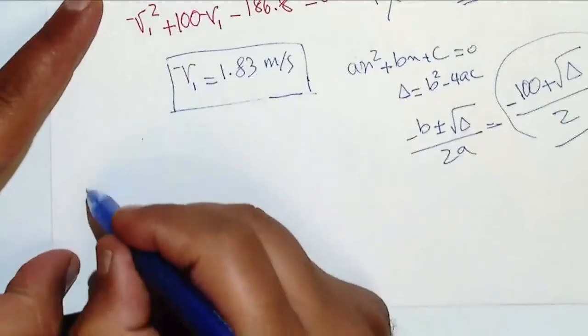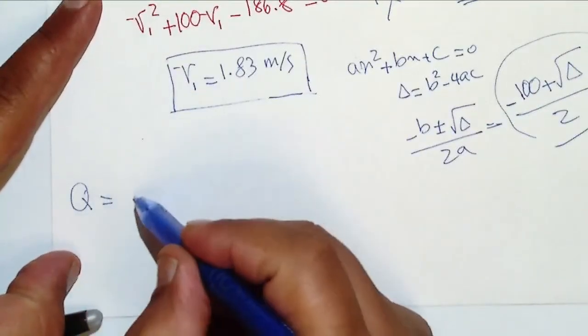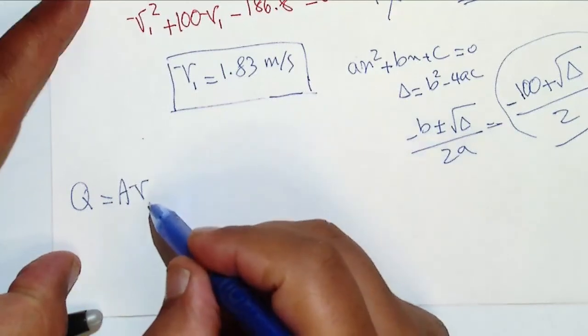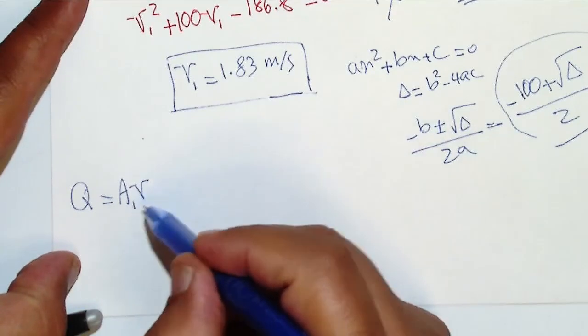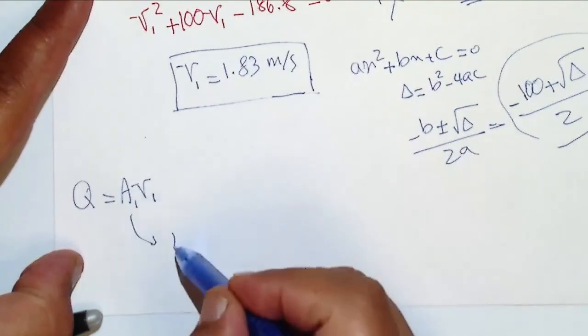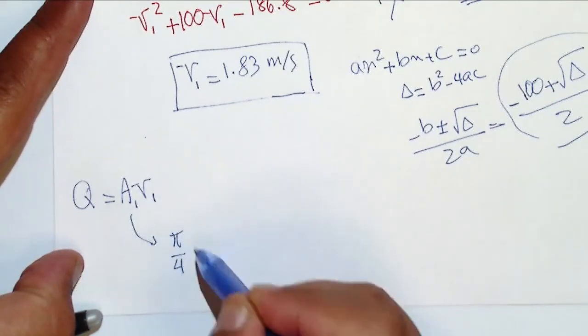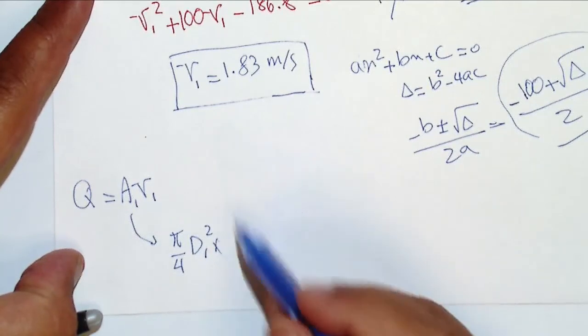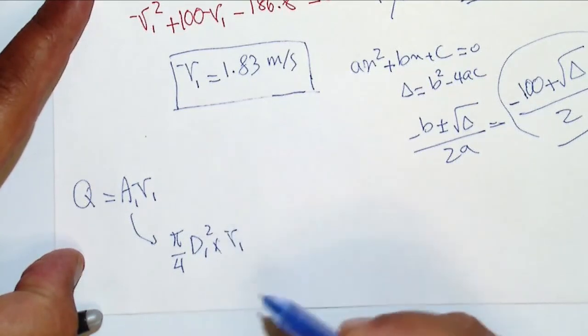So the final thing is finding Q. Q is going to be A times V, velocity, right? So A1 v1 is going to be your answer. A1 is pi over 4 d1 squared, and v1 we found here.